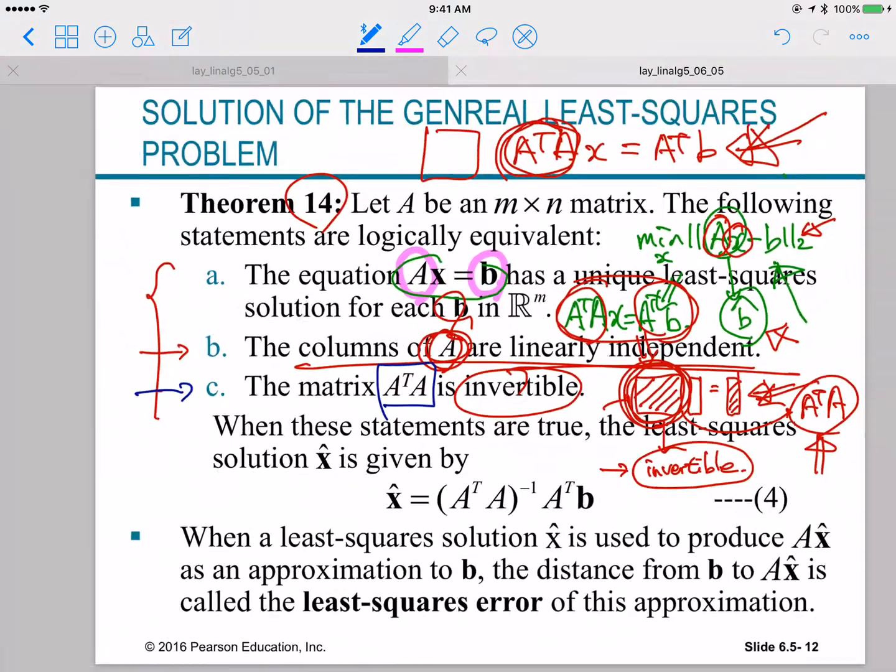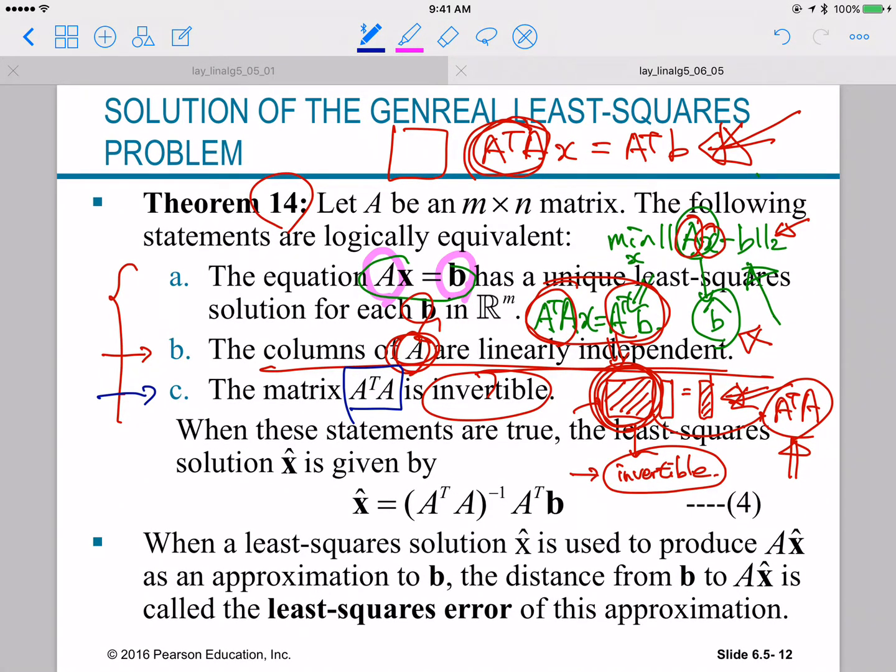Okay, and in case this guy A transpose A is invertible, or equivalently if the columns of A are linearly independent, what will be our solution? It will be simply the solution from this normal equation, right?